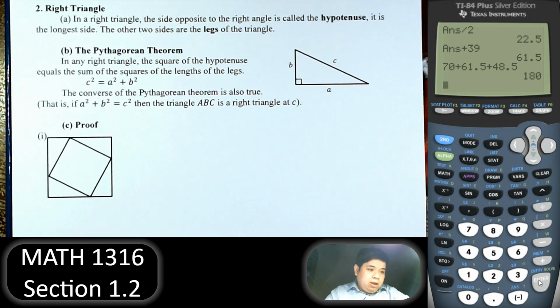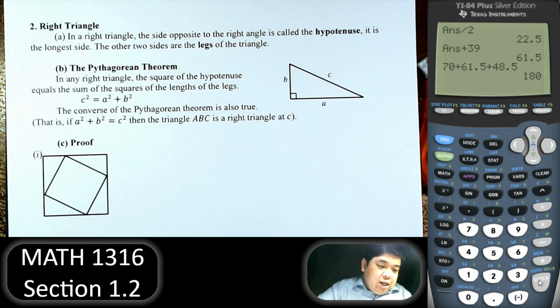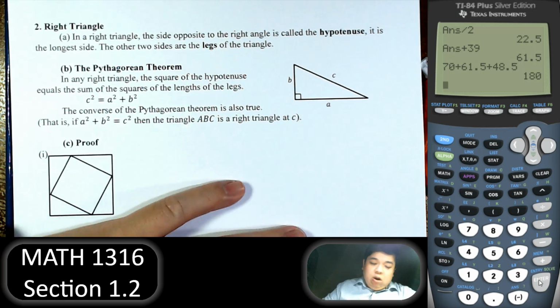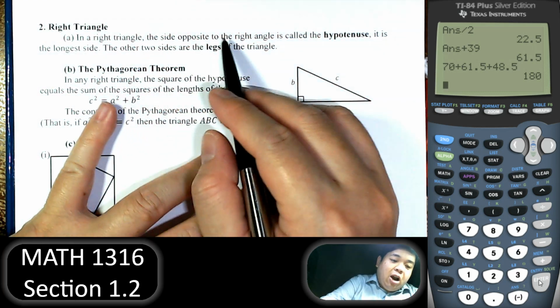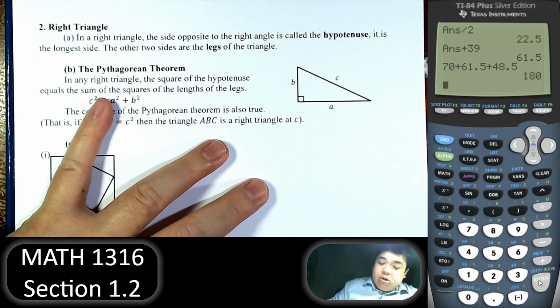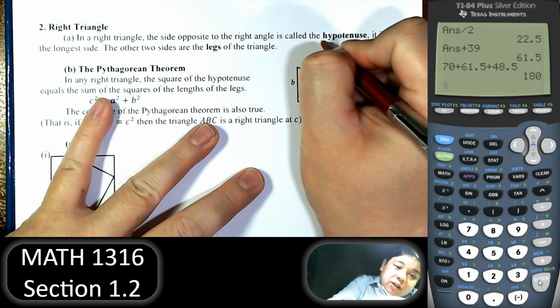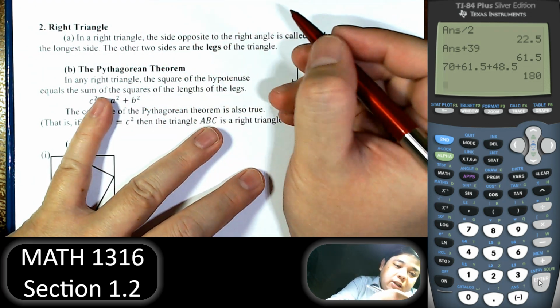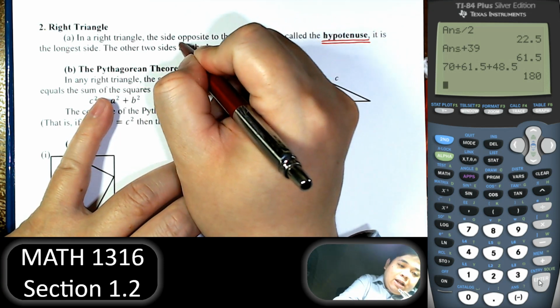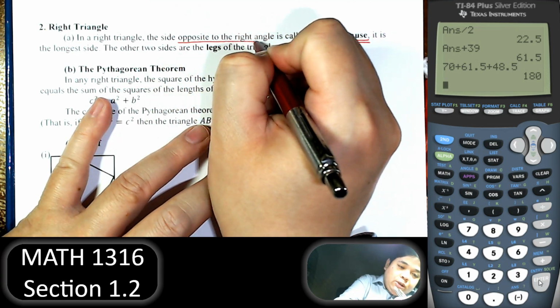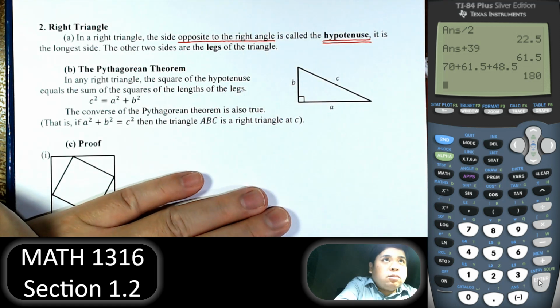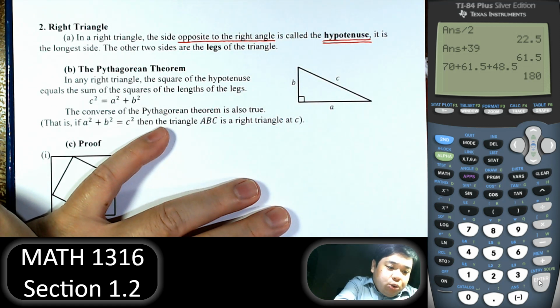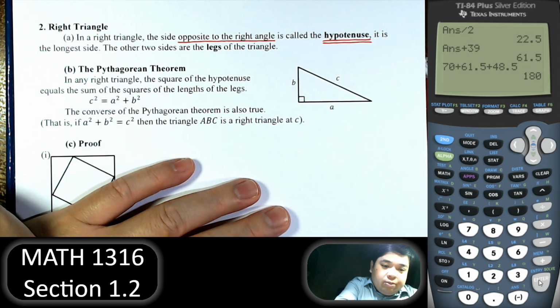Right triangle. In a right triangle, the side opposite to the right angle is called the hypotenuse. The other two sides are legs of the triangle.